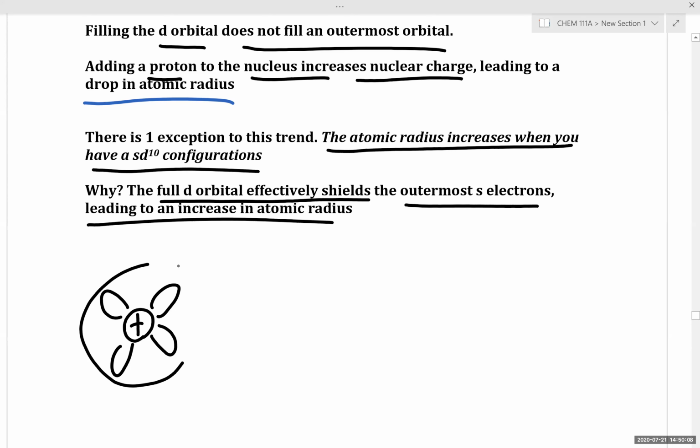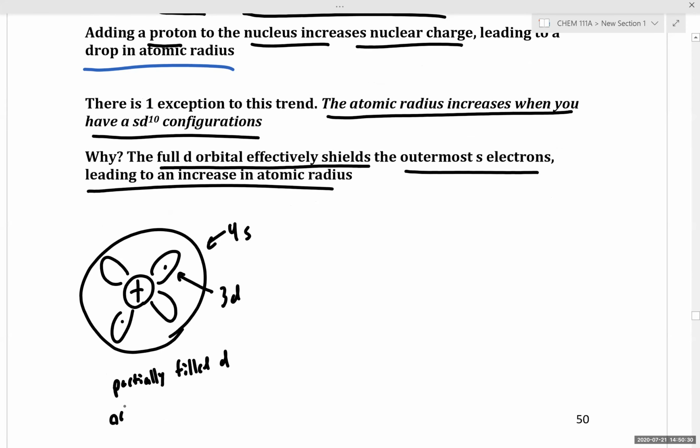Okay, so if we have an incomplete shell, this is our 3d orbital and this is our 4s orbital. Our partially filled d orbital does not efficiently shield the 4s orbital electrons.